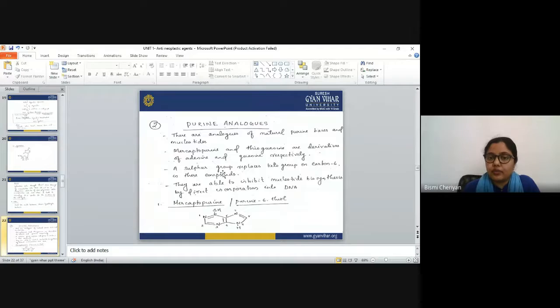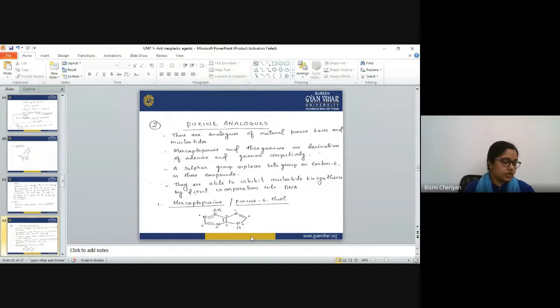A sulfur group replaces the keto group on carbon 6 in this compound. Without this SH, one double bond O is there, and that is the structure of the purine.